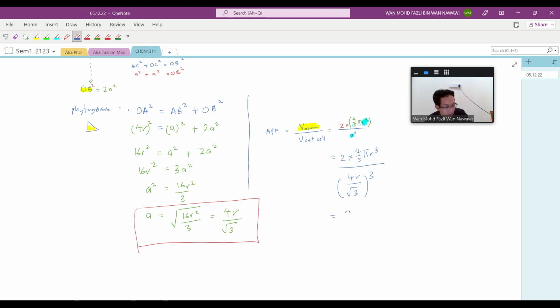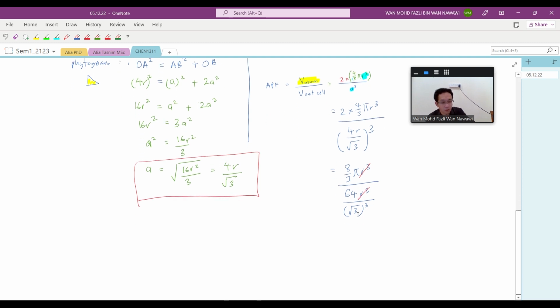This is basically 8 over 3 pi R cubed divided by 64 R cubed over the square root of 3 to the power of 3. So here you can see that you can cancel out the R cubed and the R cubed.